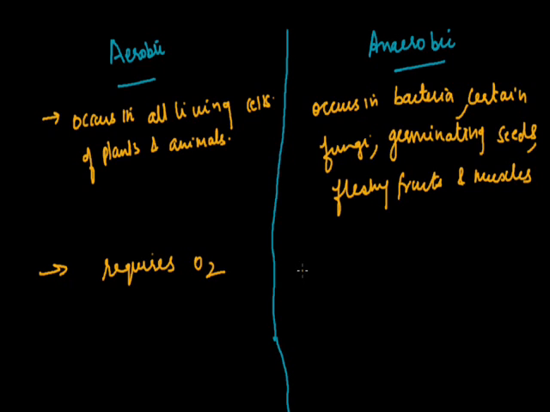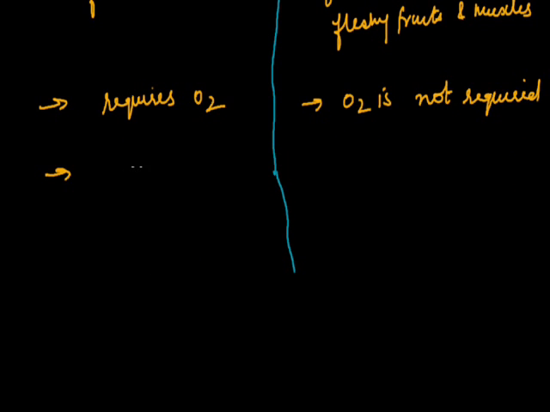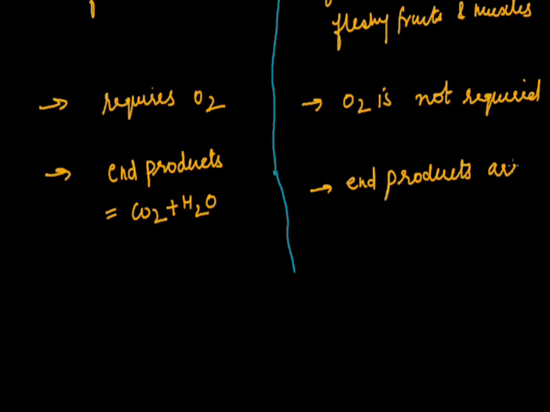The second point of difference is that aerobic respiration requires oxygen. On the other hand, in anaerobic respiration, O2 is not required. The end products of aerobic respiration are carbon dioxide and water. On the other hand, the end products in anaerobic respiration are alcohol and carbon dioxide, or in case of muscle, it can be lactic acid.